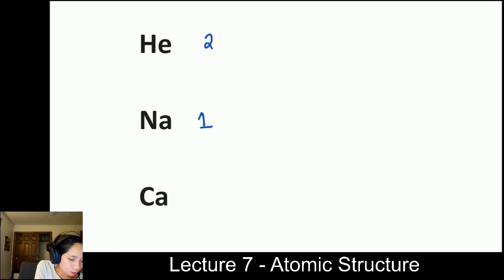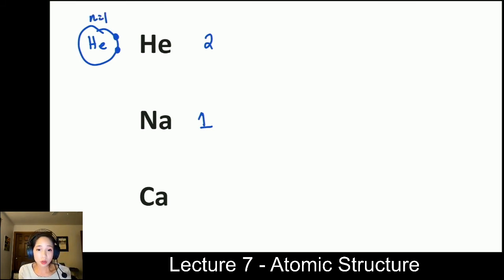If we actually wrote out the whole electron orbital diagram, it only has 2 electrons in its n equals 1 shell. So there's only one ring, so there are only two valence electrons, because those are the only electrons there.